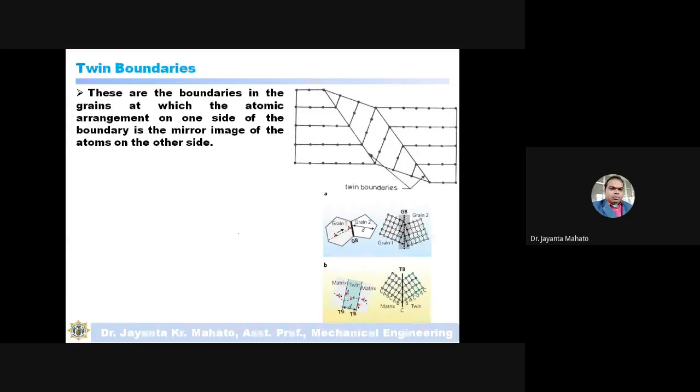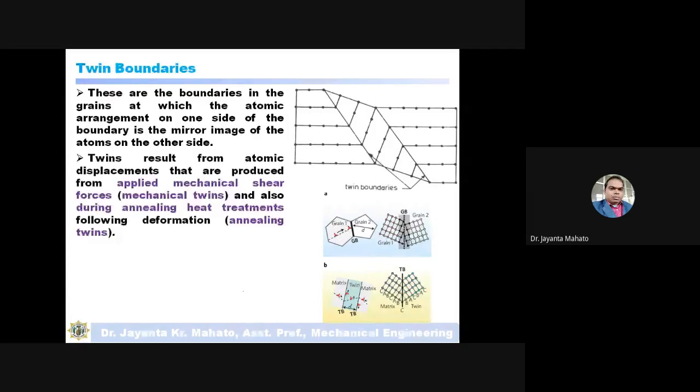So actually, twins result either from mechanical shear or from annealing heat treatment. If you apply a mechanical force, a tensile or shear force, then twins can be introduced in the crystal or metal.